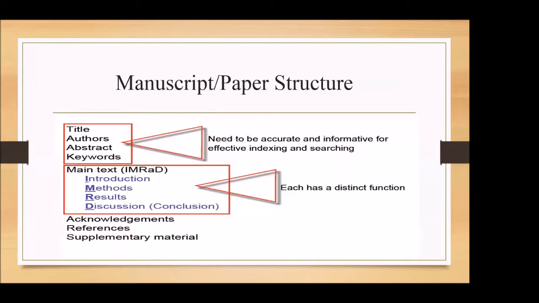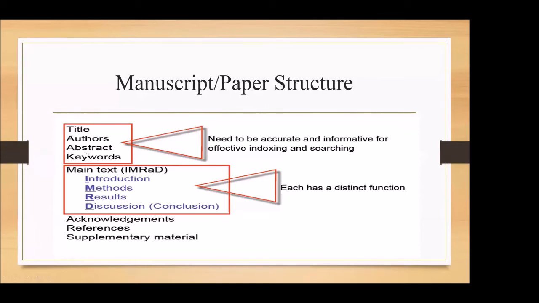This is the manuscript or paper structure that you will find in all papers. When you want to write a paper, you will find a title, authors, abstract, and keywords. These need to be accurate and informative for effective indexing and searching.